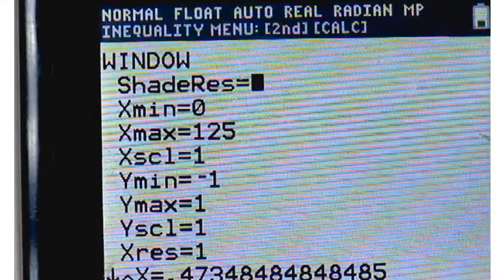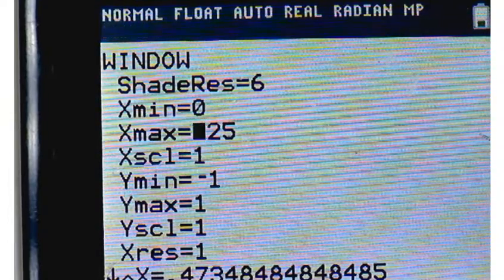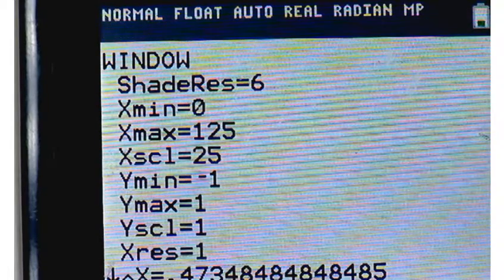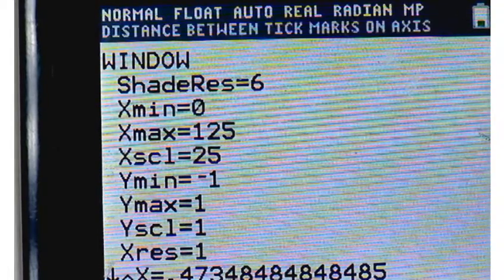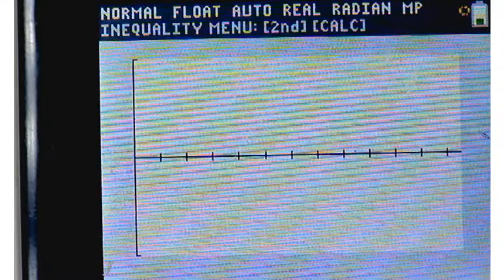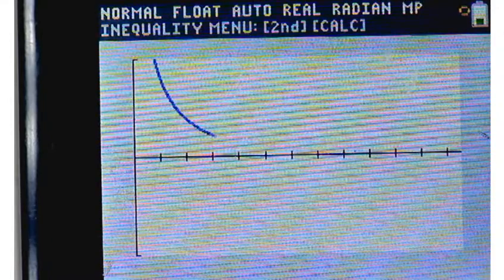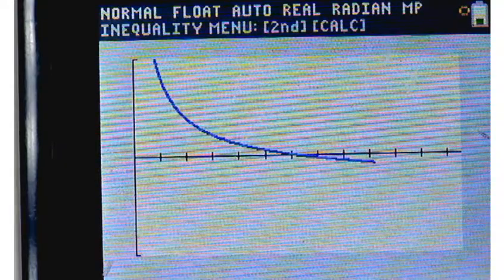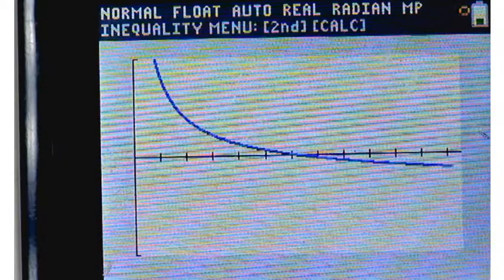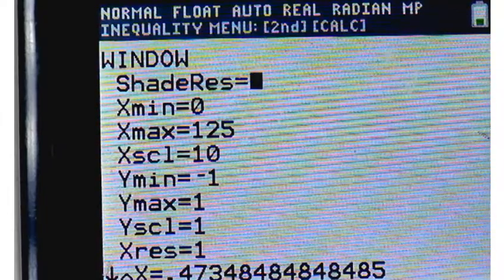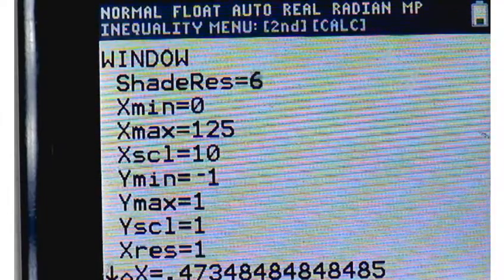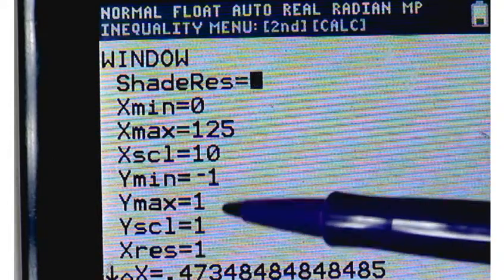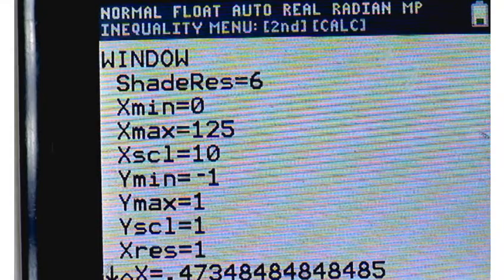And I'll also put in an x scale of, say, 10. So the window that I used was between 0 and 125 on the x-axis, scale of 10, and between negative 1 and 1 on the y-axis.